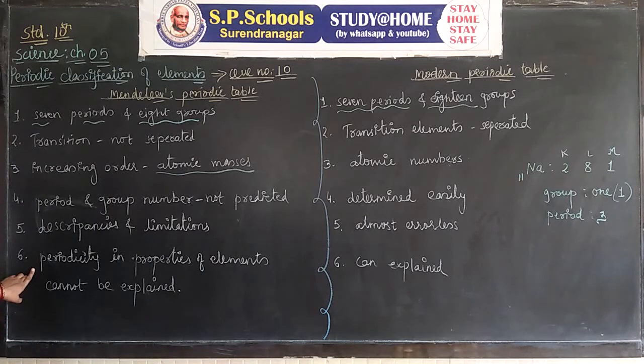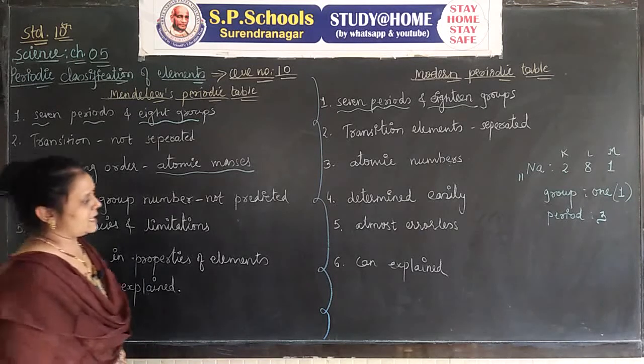In Mendeleev's periodic table, periodicity in properties of elements cannot be explained, while in the modern periodic table, periodicity in properties of elements can be explained.